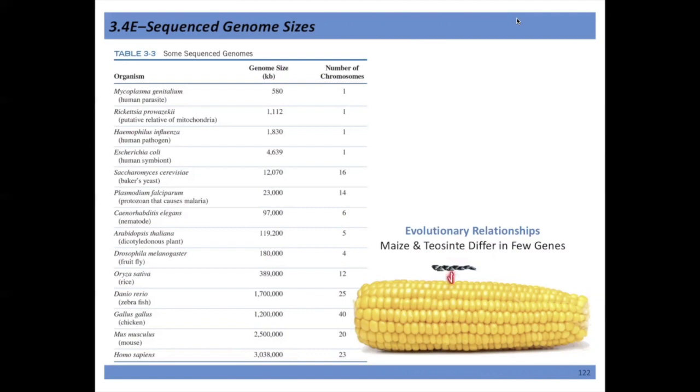These only differ by very few genes. It was thought that early Americans, specifically around Mexico, bred and selected for genes that caused this little kind of wheat grass to actually turn into what we know as corn on the cob. And so they only differ in a few genes, and you can actually see where they differ.